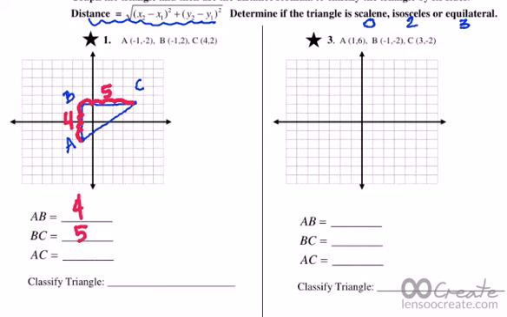5 spaces. And then to do from A to C, we are going to draw our triangle and use the distance formula stated above. So to do that, we're going to connect our dotted line here and here.